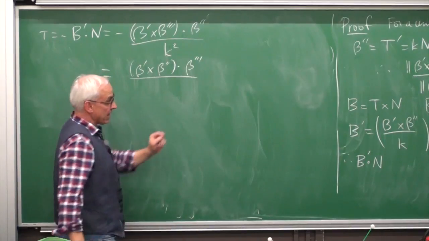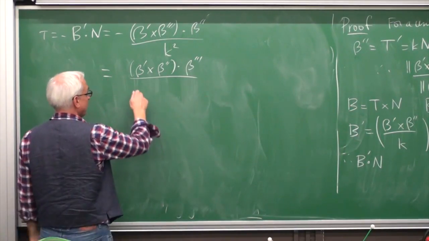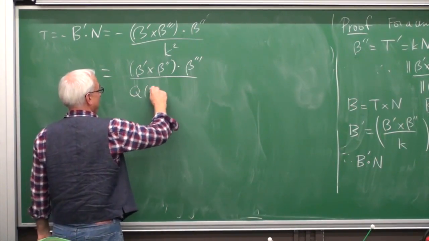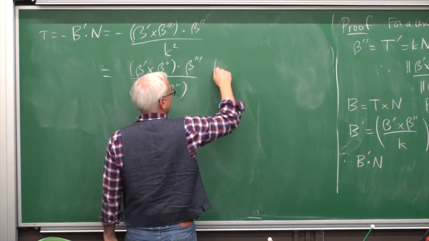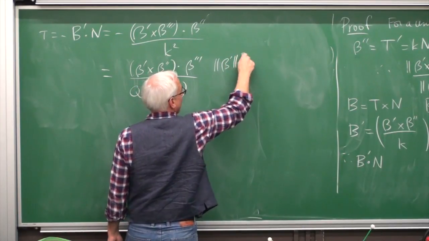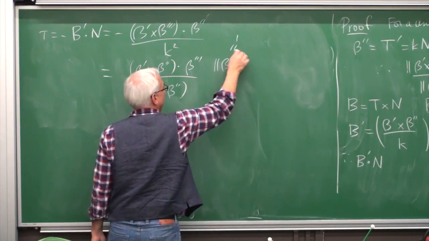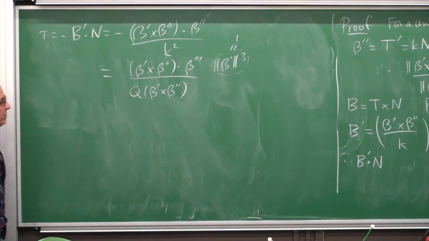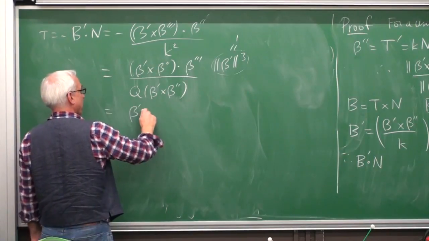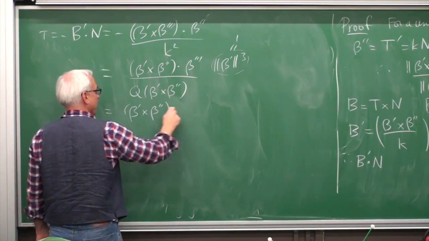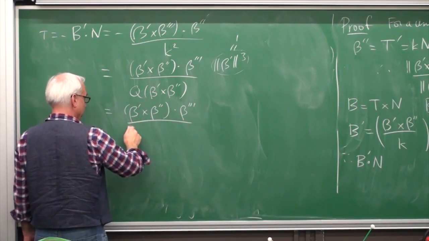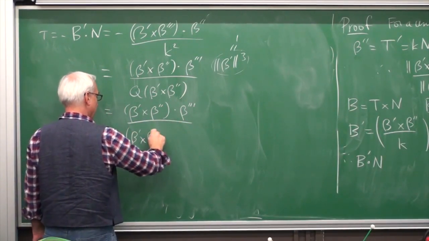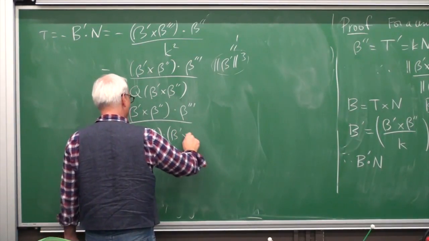And when I replace the k squared with the square of that, I get the square of the magnitude of beta prime cross beta double prime, times this beta prime cubed, which is actually equal to 1, so it doesn't appear. So we get the formula that we want: beta prime cross beta double prime dot beta triple prime over the square of the magnitude of this, which I can write as beta prime cross beta double prime dot beta prime cross beta double prime.